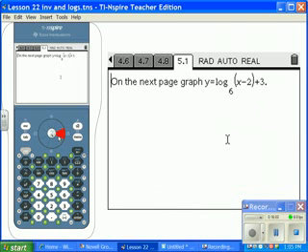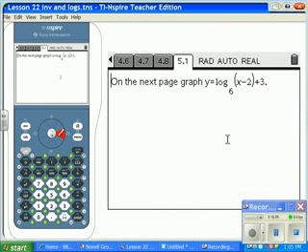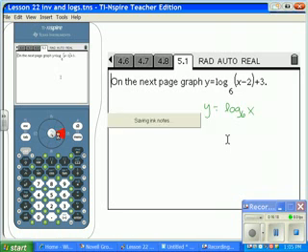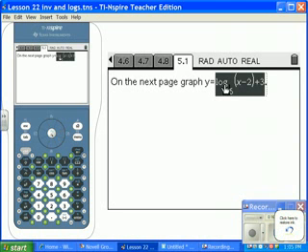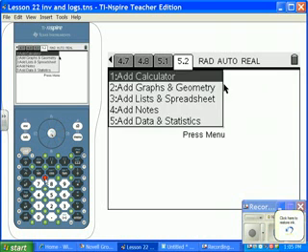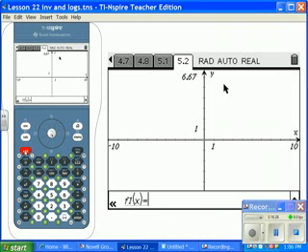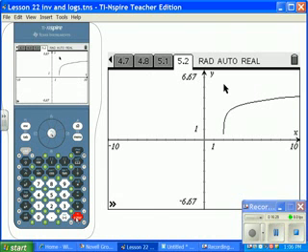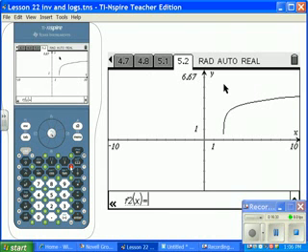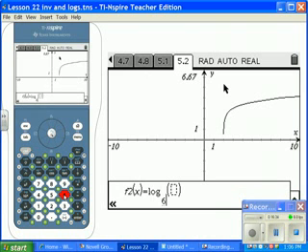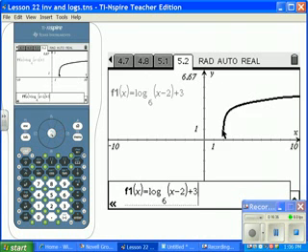Last page, I'd like you to graph this, and I'd like you to graph its parent function as well, which is y equals log base 6 of x. And I want you to look at and see how this has been transformed. So I'm going to very simply copy this, Control C, Control I, add graphs and geometry, Control V to paste, hit enter, Control G, log base 6 of x.